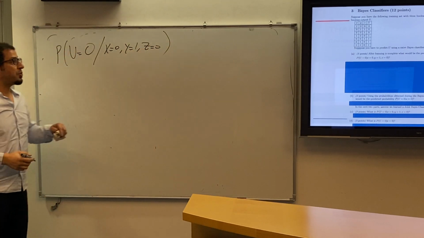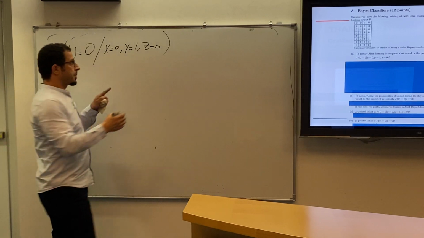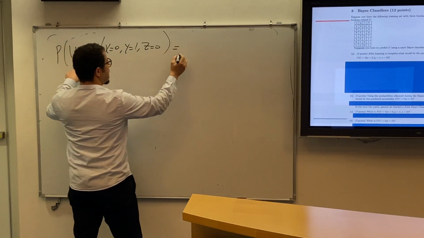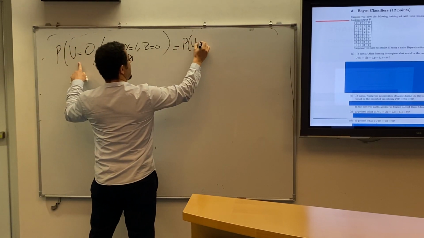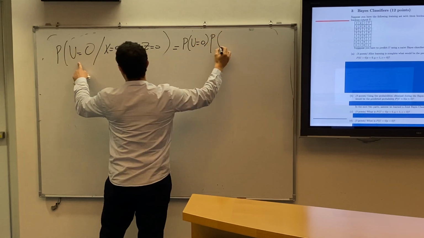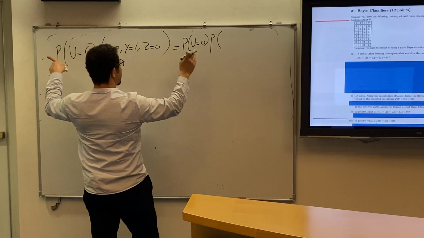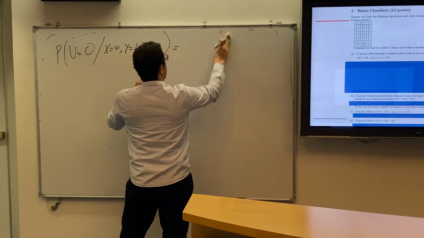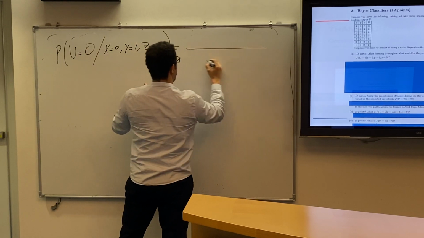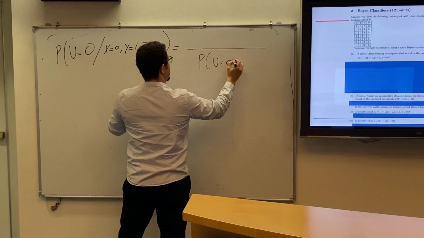Clear? This one equals to what, please? The probability of u equals to 0, right? Over, because this is intersections, sorry, no. It's intersections, probability of u equals to 0, right?